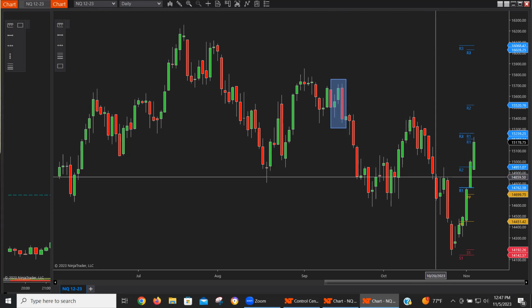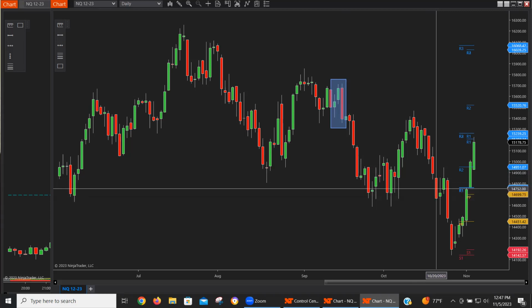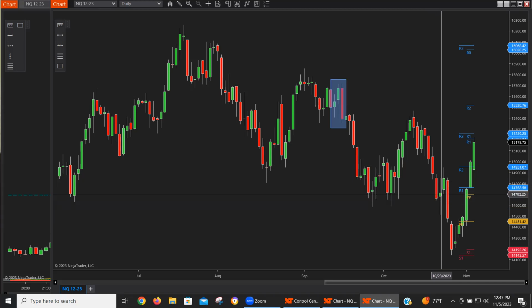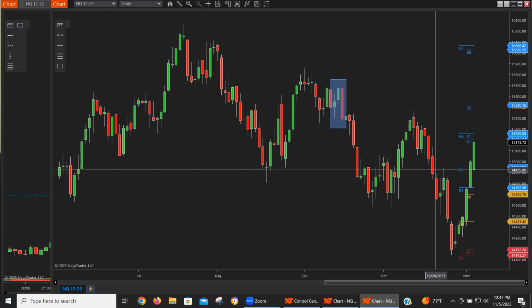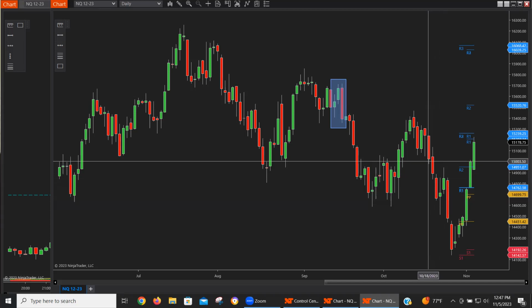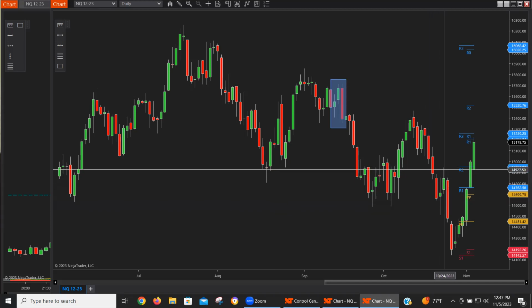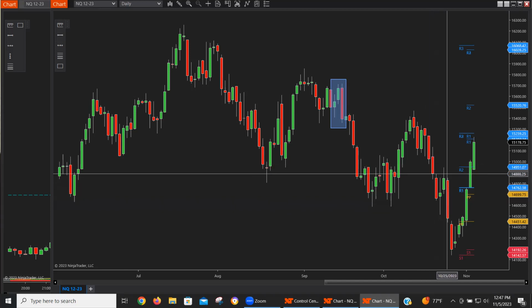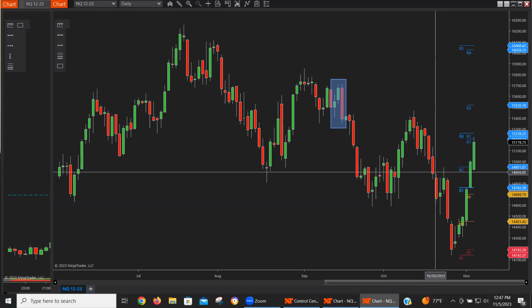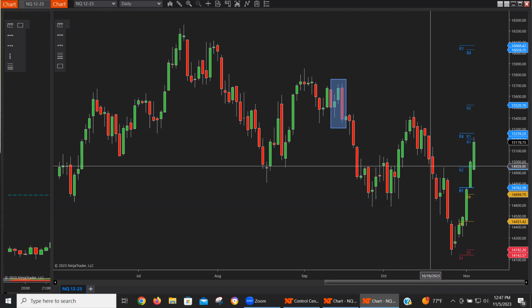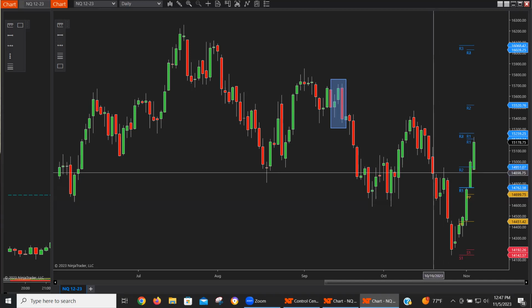So the market may move away from it to create the gap, but then it will come right back to the gap in an attempt to close it. It may not necessarily close it all the way on the first attempt, but it will come back to at least the opening of that gap between those two candles. That is very important to understand, because this is a part of our trading strategy: to recognize fair value gaps.